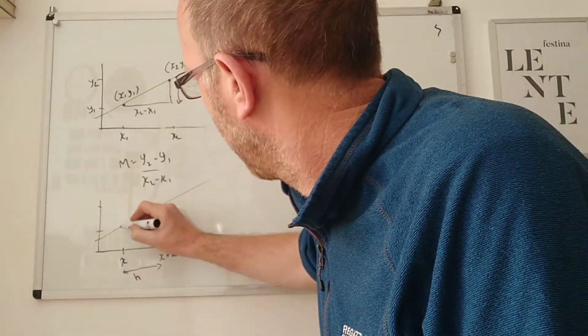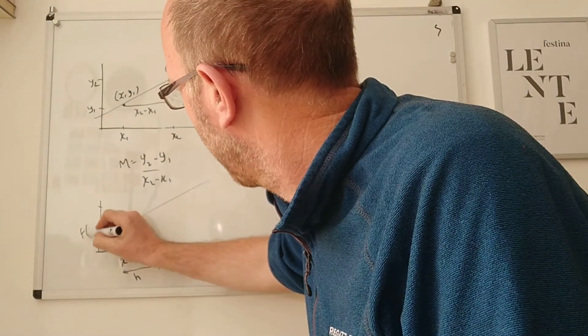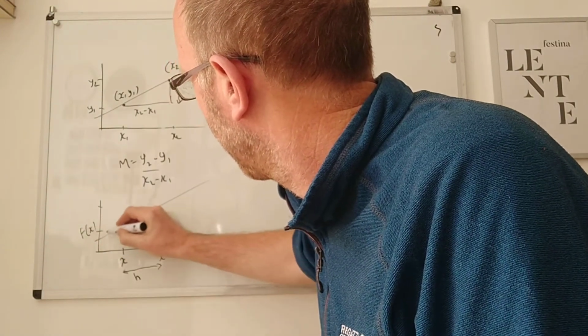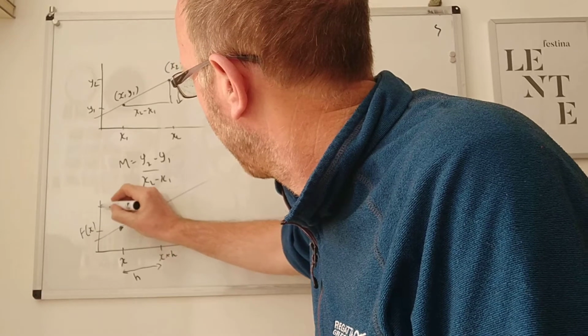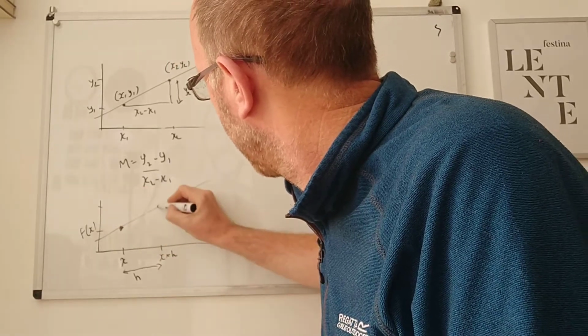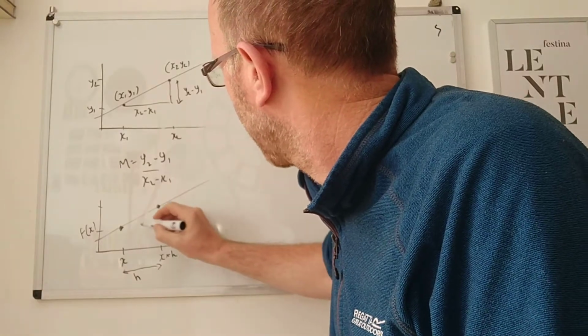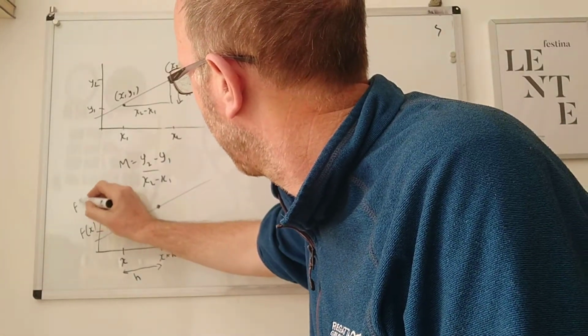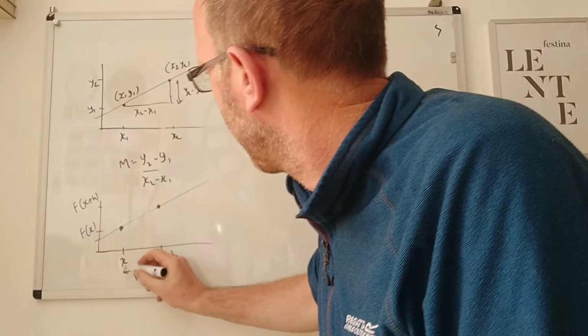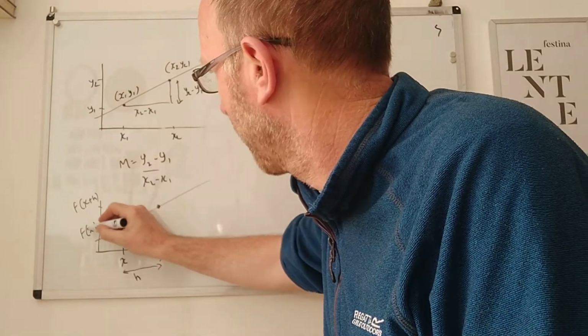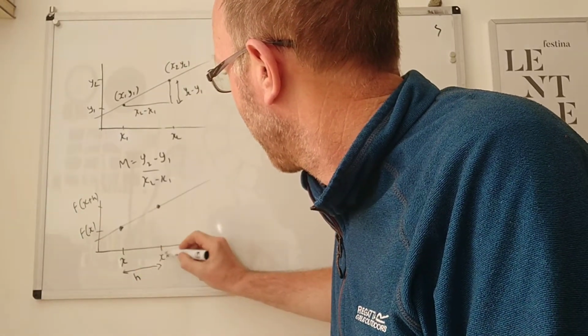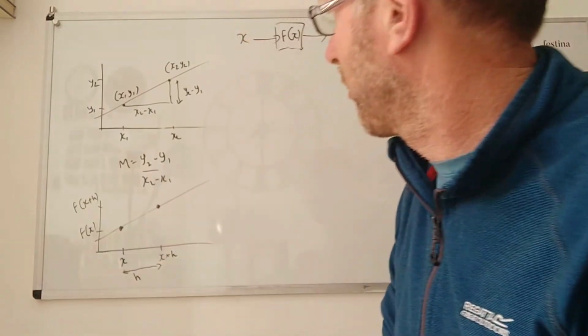Up here, this is the function f of x, and the point corresponding with that is f of x plus h. So this is x, with the y value f of x, and this is x plus h, with the y value f of x plus h.